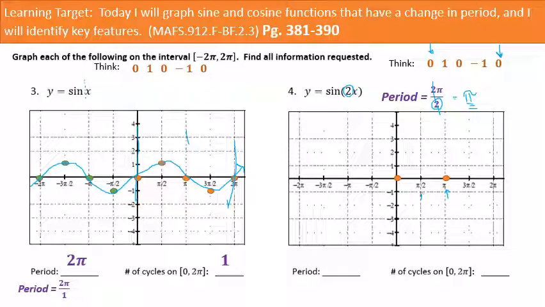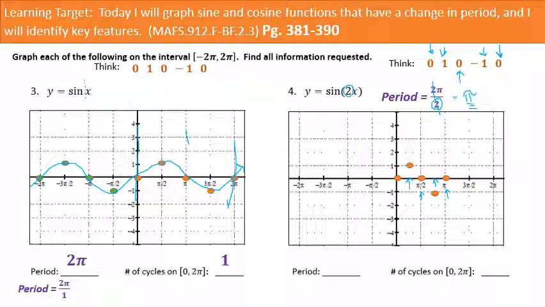There's my middle point. What's the middle value? It's still going to be 0. So I graph that point. Then I cut those 2 points in half, here and here. Now where are those points going to be? Those are going to be +1 and -1. And there's your full cycle.